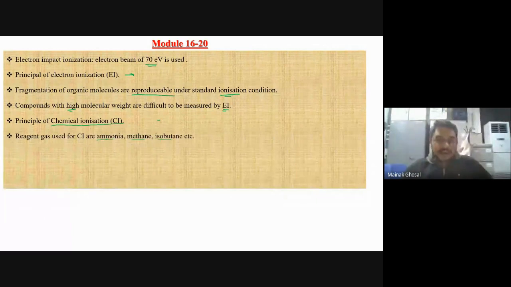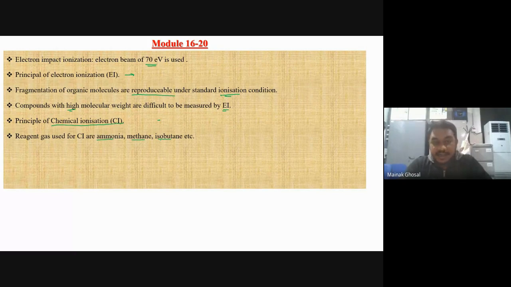So what is the principle? The principle is you are initially creating ions with these reagent gases. You are charging them, and they will collide with your molecule of interest and convert this molecule into a molecular ion, which will be detected by your detector.